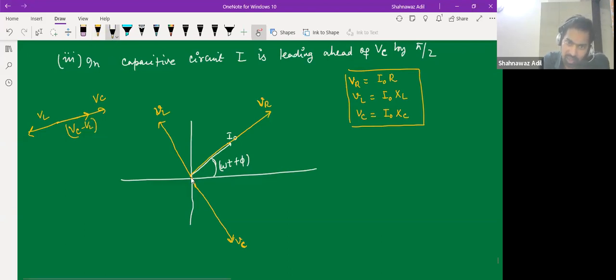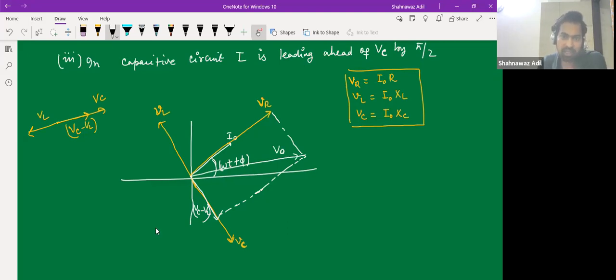Then this is my VR, and this would be my resultant vector. Is this part clear, Aisha?